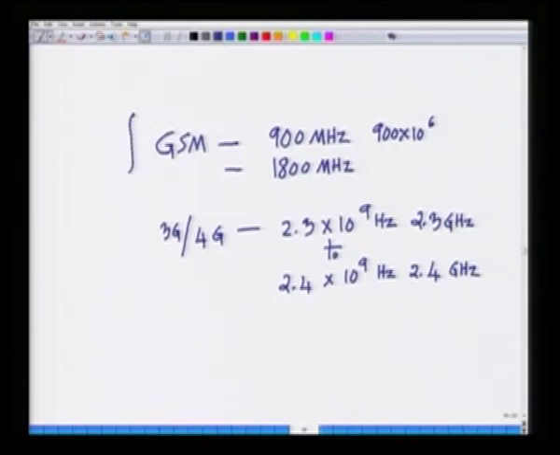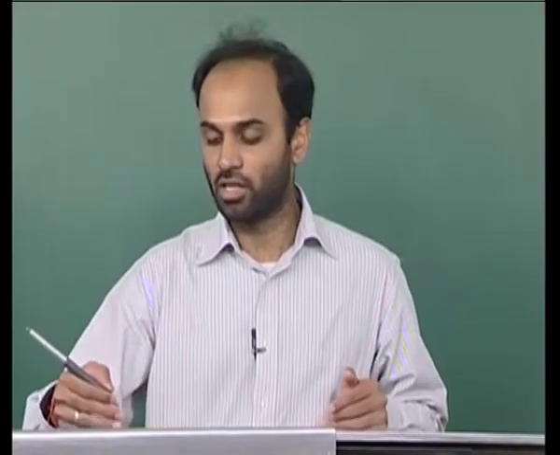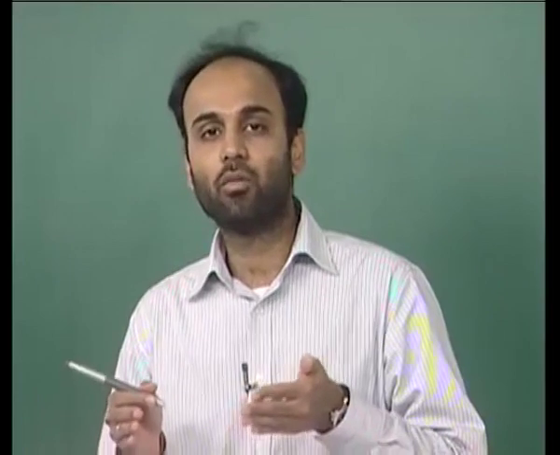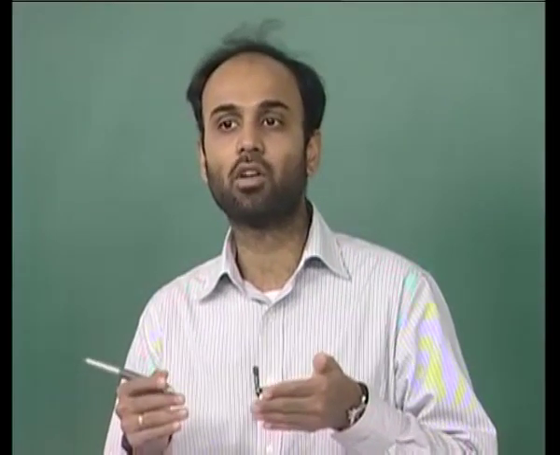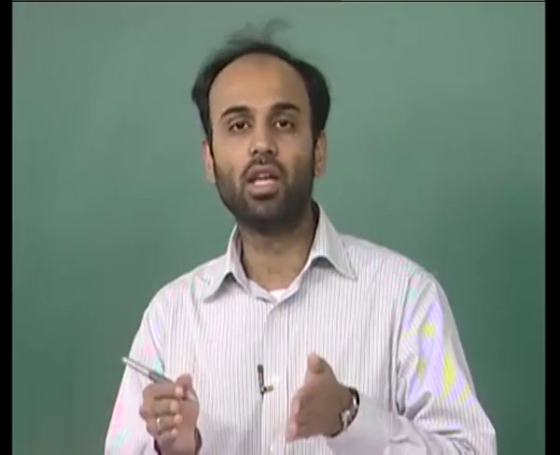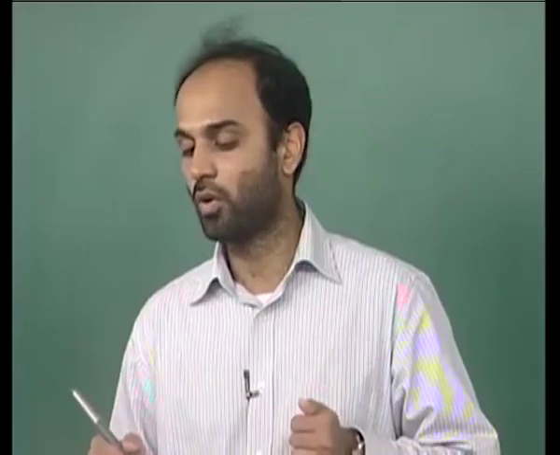So, these are the values of Fc that have been allocated specifically for GSM and 3G 4G systems, and it is important to allocate different carrier frequencies for different operators, especially because when you transmit over the air, each one needs a unique spectral band so that these signals do not interfere. All right.